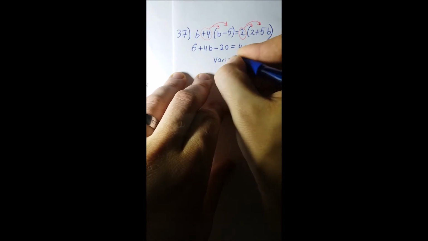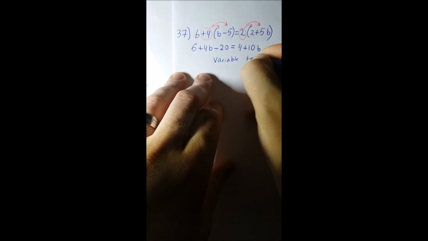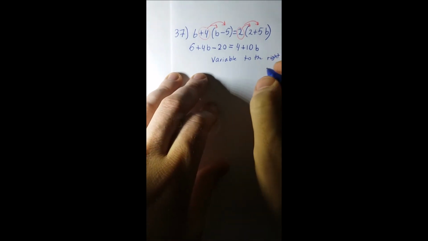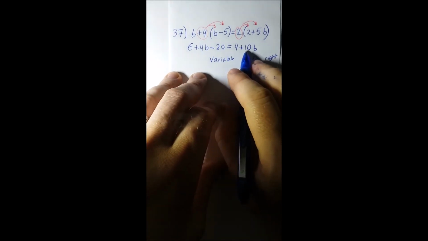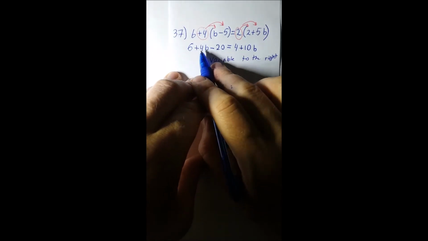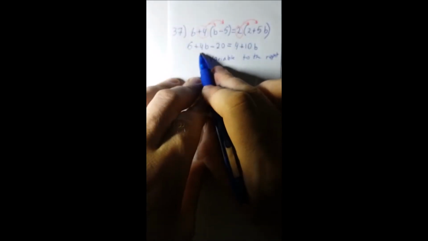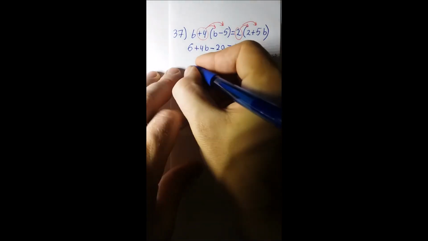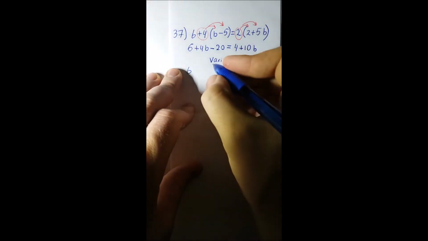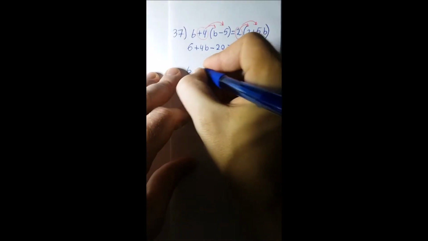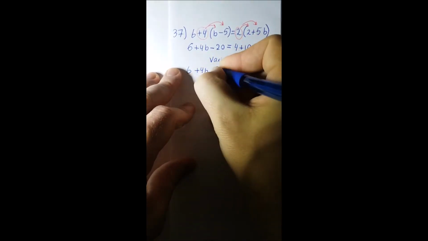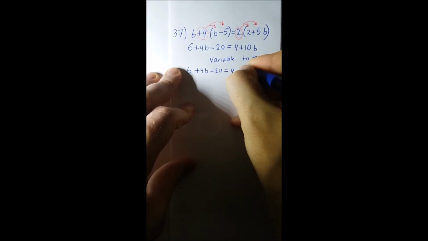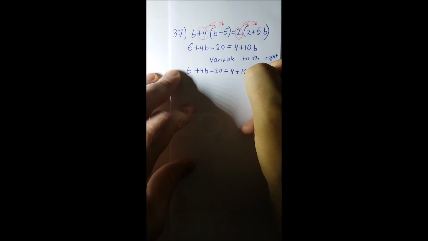So I'm going to put the variable to the right, because there's a positive 10 here, and I know that once I move the variable, I'm gonna have to subtract. I'd rather subtract 4 from 10 than 10 from 4. So let me rewrite this here, since I occupy this space with my writing. 6 plus 4b minus 20, I'm just rewriting it, equals 4 plus 10b.